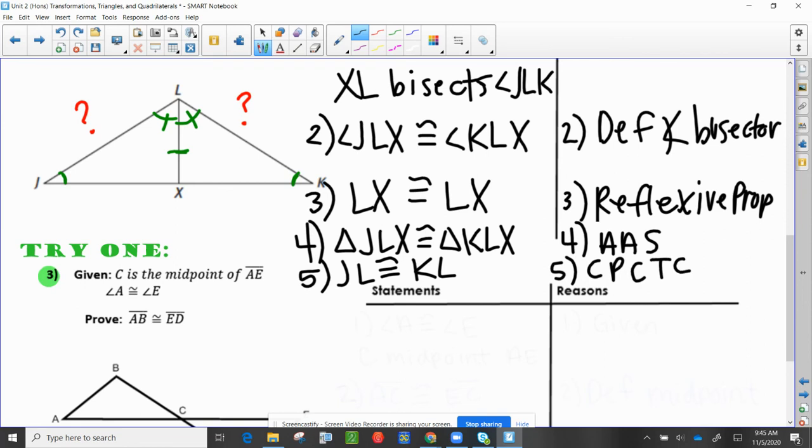So even though they didn't ask us to prove the triangles are congruent, they're asking us about sides of the congruent triangles. So prove congruence first of the triangles, and then use CPCTC to prove that anything else in the triangle is congruent to each other.